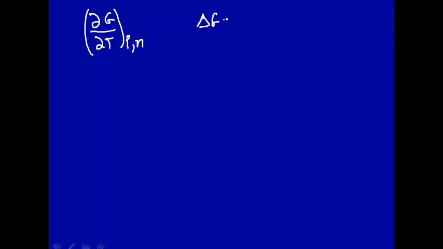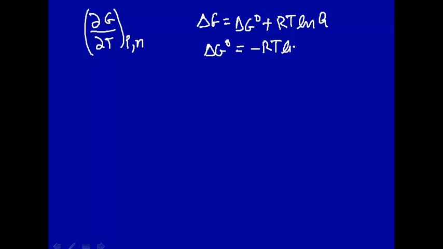Remember that delta G is delta G0 plus RT times the natural log of Q. At equilibrium, delta G0 is minus RT times the natural log of the equilibrium constant K. So it's the temperature dependence of log K that we want.